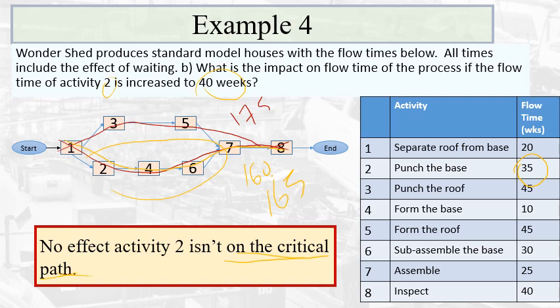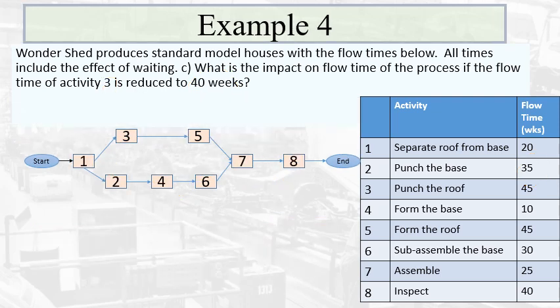But imagine if we increased activity 2 by more than 15, because the difference between that path and this path is 15, then things might change. Now what happens if activity 3 is reduced to 40 weeks?